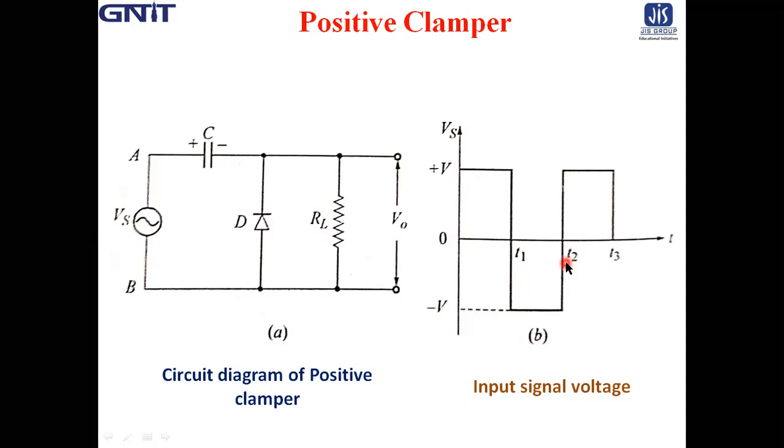The capacitor will be charged with a time constant τC equal to RF times C, where RF is the forward resistance of the diode. The charging time constant is very small as RF is very small. So the capacitor will be charged to plus V volt.